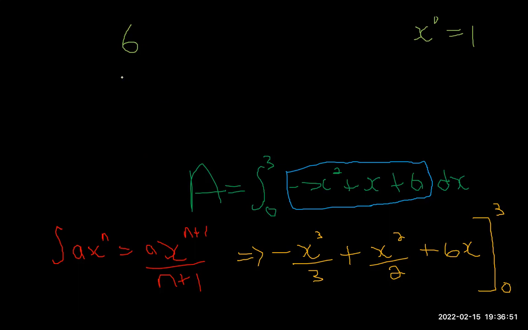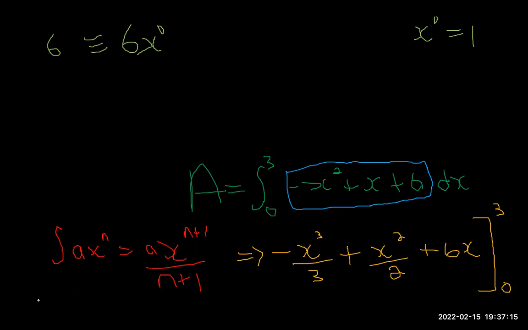Therefore, instead of just saying 6 alone, it's implied that the base here is x and the power is 0, because it doesn't affect anything. x to the 0 is 1. So 6 is the same as saying 6 by x to the power of 0.